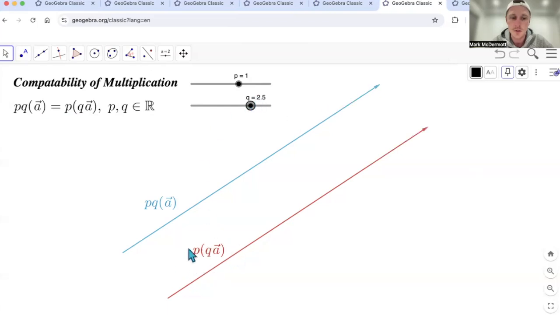So in red here, we've got p multiplied by q times vector a. But you can see that's the same as the blue one. Nothing too surprising here, I would hope. Basically, you can multiply p and q first, which is the same as multiplying p by q times vector a. So that's just one of the properties we need to be aware of.